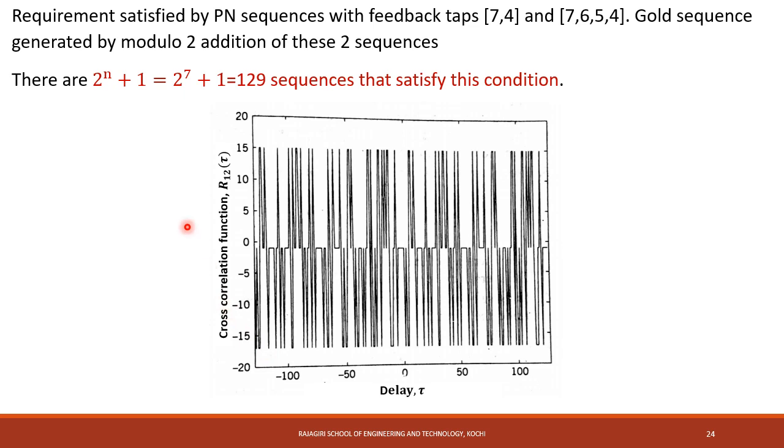As stated in Gold's theorem, there can be 2 raised to n plus 1, that is 129 sequences that will satisfy the condition of cross correlation. Therefore, when you compare maximal length sequence and Gold codes, the Gold code is having much better cross correlation properties, and the maximal value is also less when we compare it with maximal length sequence.